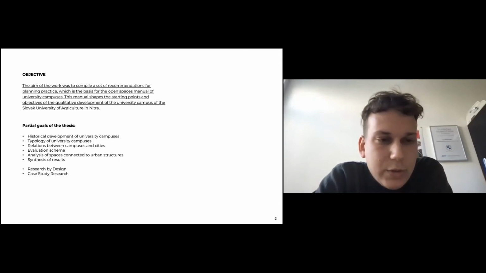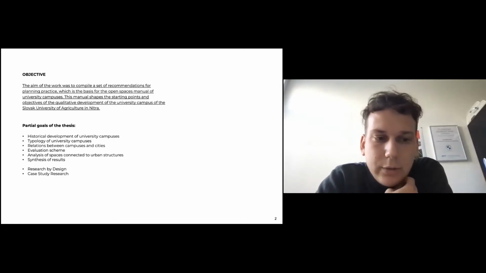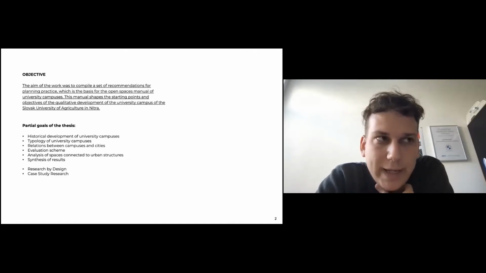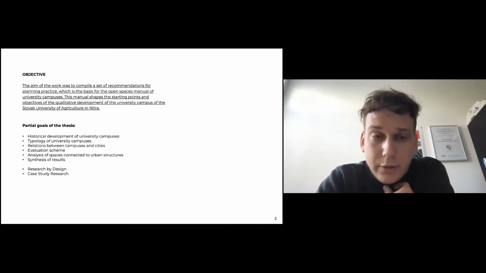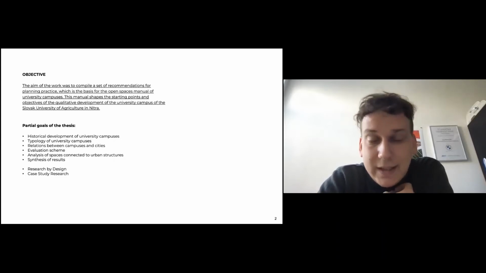Also, the methods used in this work are quite unique, namely the method research by design and case study research and the related methods. At the beginning, we were thinking which method we would use to evaluate the university campus. Firstly, we thought that the final result of the dissertation thesis would be the design.